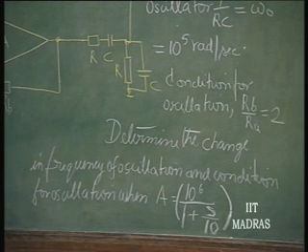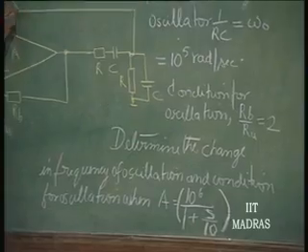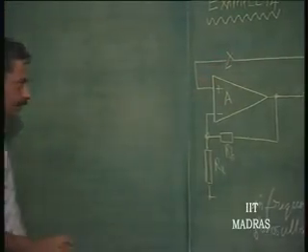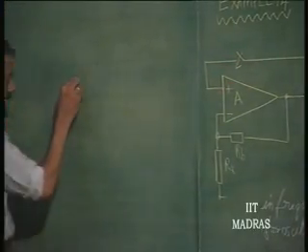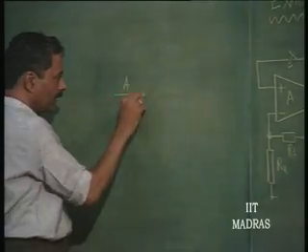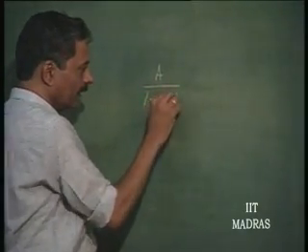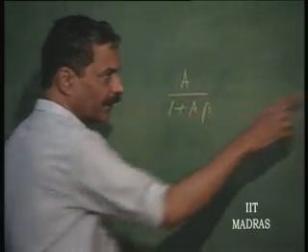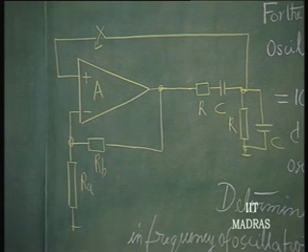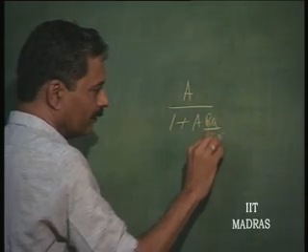How do we solve this problem? We will again write this loop gain. This is to be closed, this is the loop. So, A by 1 plus A beta is the gain from here to here, beta being R_A by R_A plus R_B.